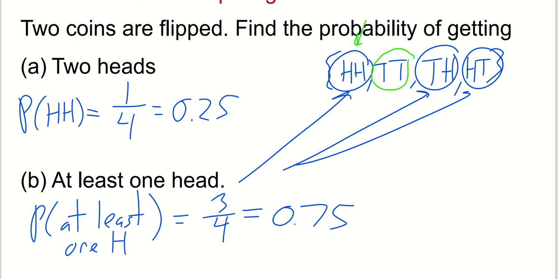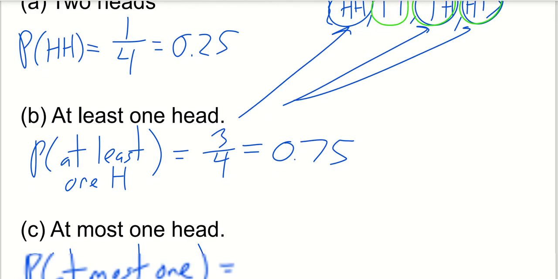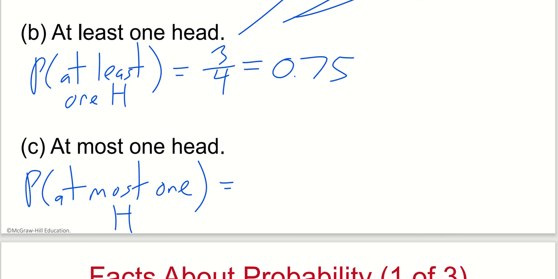The 2 tails would actually work because at most 1 head would allow us to have 0 heads as a possibility. This one also only has 1 head. And this last one also only has 1 head as well. So from our sample space, we have 3 outcomes which have at most 1 head. So that also would have probability 3 out of 4, or 0.75.